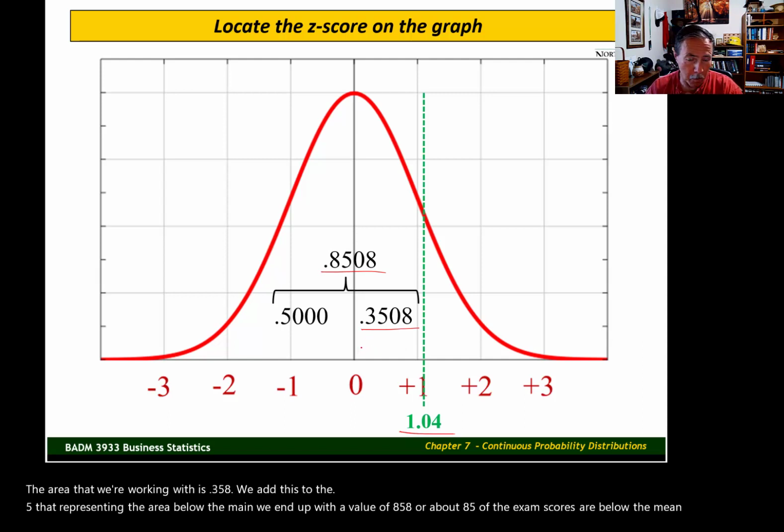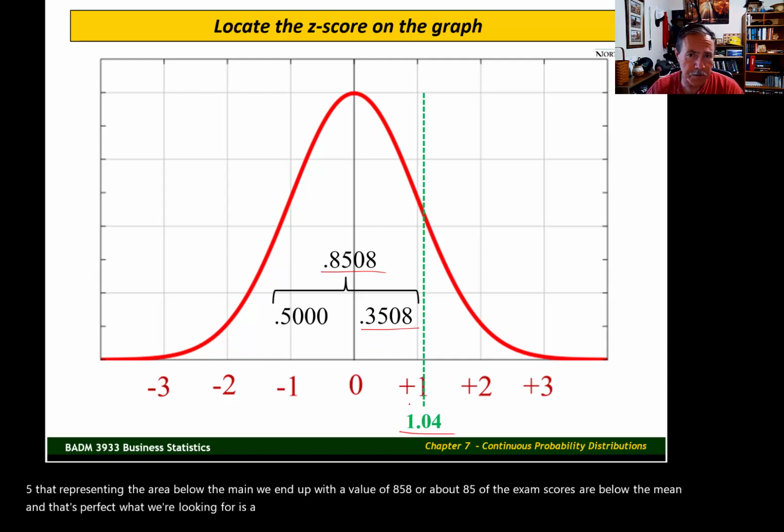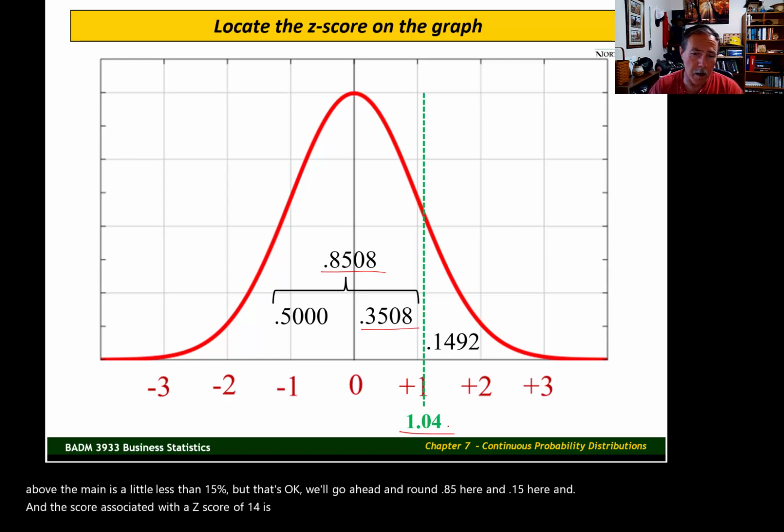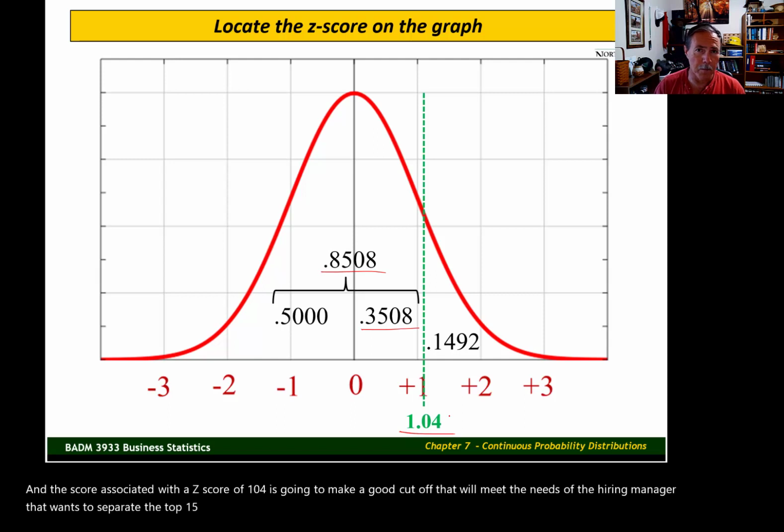That's perfect, because what we're looking for is the top 15%. The area above is a little less than 15%, but that's okay. We'll round to 0.85 and 0.15, and the score associated with a z-score of 1.04 is going to make a good cutoff that meets the needs of the hiring manager, who wants to separate the top 15% of applicants from the bottom 85%.